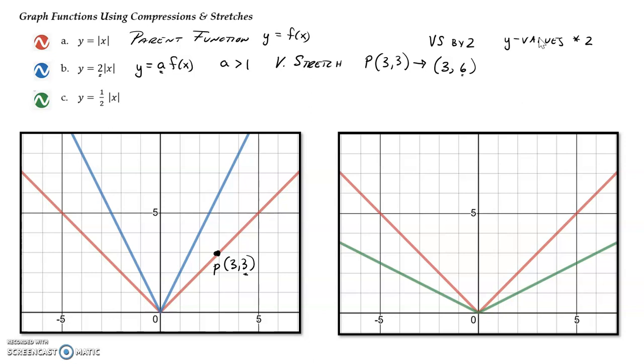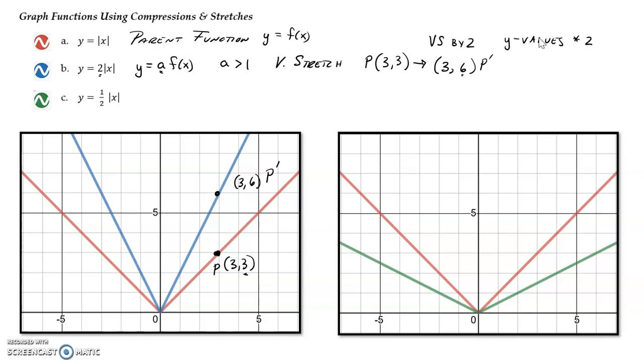Right? Our new point is up here at the point 3, 6. So let's go ahead and call this one P prime. And that's going to happen to every point on our original function, right? When we have a vertical stretch by 2, each of those y values is going to be multiplied by 2.